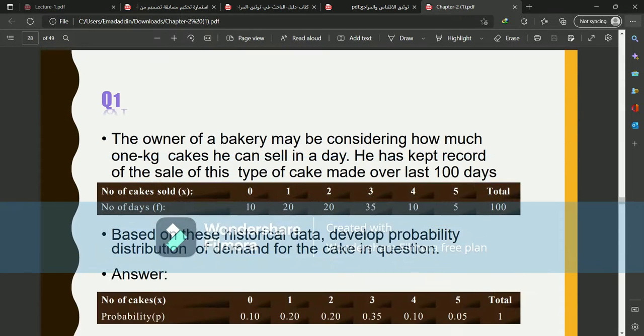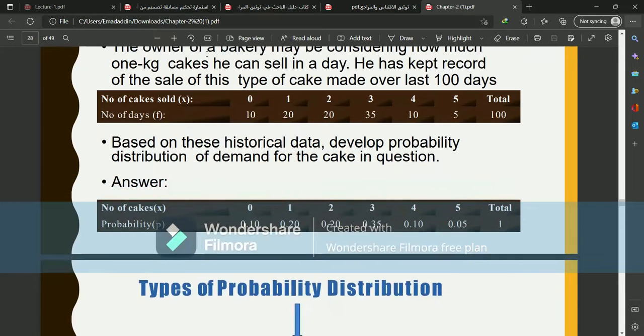Question 1. The owner of a bakery may be considering how many 1 kilogram cakes he can sell in a day. He has kept a record of the sale of this type of cake made over the last 100 days. We have the number of cakes sold, which is x: 1, 2, 3, 4, 5, 6.